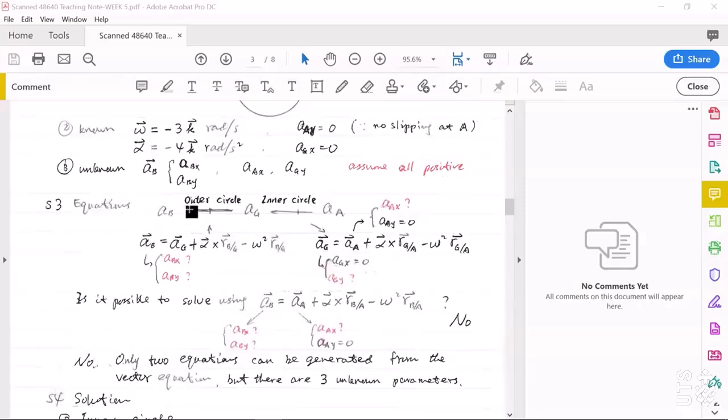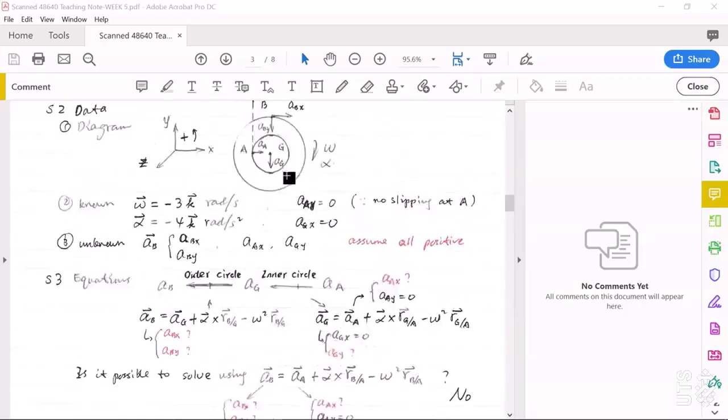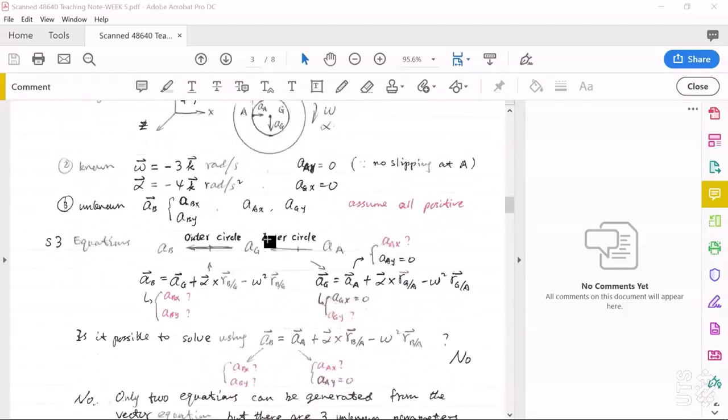And this is about the outer circle. Here we have ABX and ABY, 2 unknowns, and here AG at this moment we don't know.